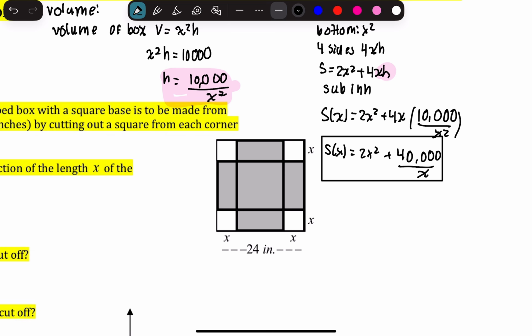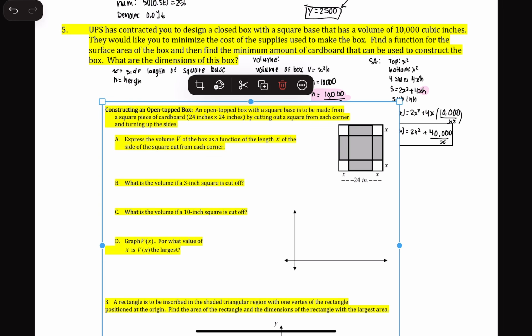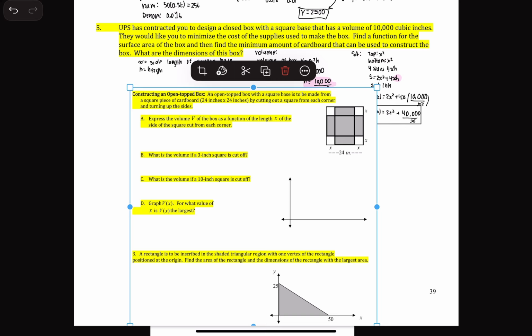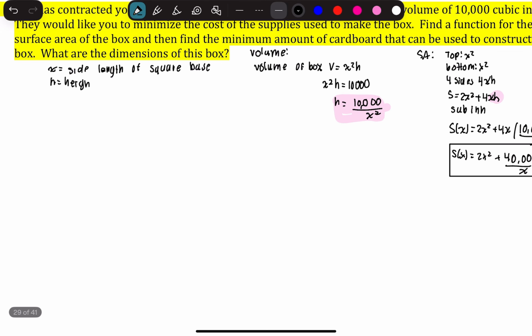So now let's move on to our next part. We also want to minimize surface area. In order to minimize surface area, we have to take the derivative, which is s prime of x equals 4x minus 40,000 divided by x squared.